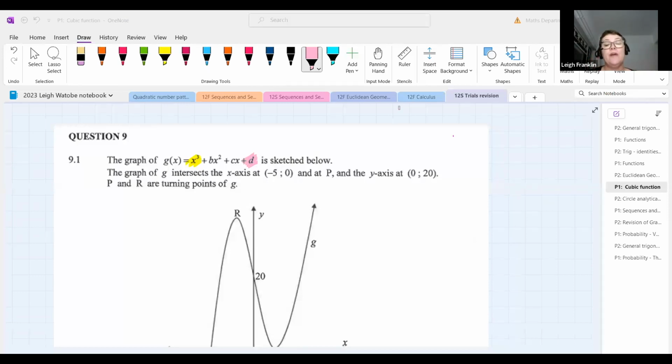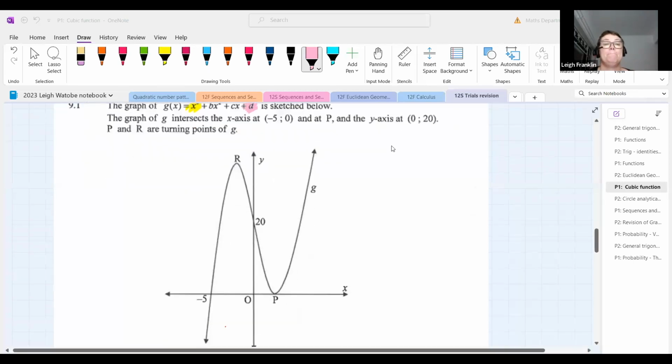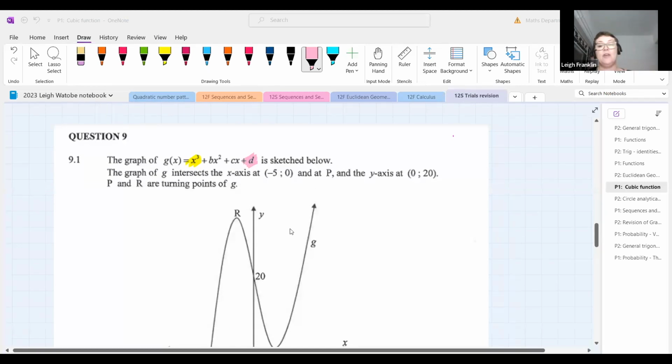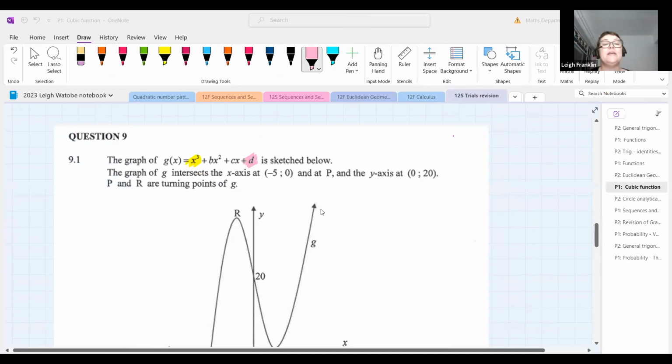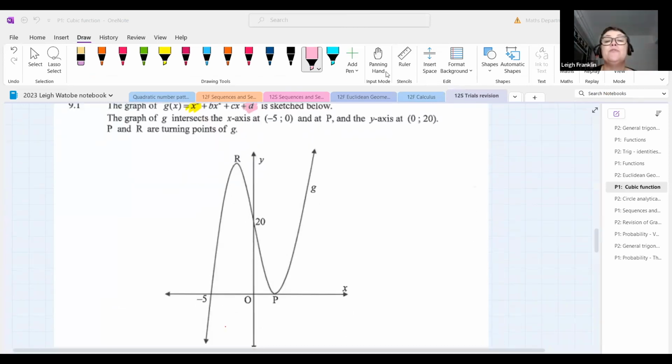So do we know what the value of D is? Do we know the value of the y-intercept? Yeah, it's 20. Absolutely. So we know that D is equal to 20, because they've told us that is where the graph intersects the y-axis.